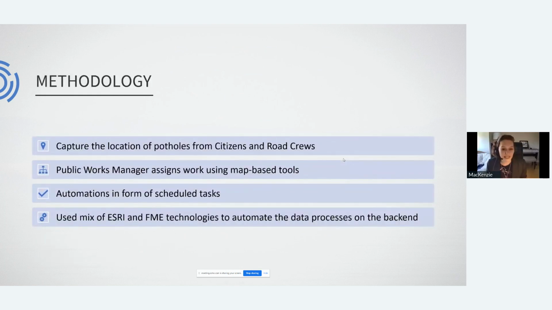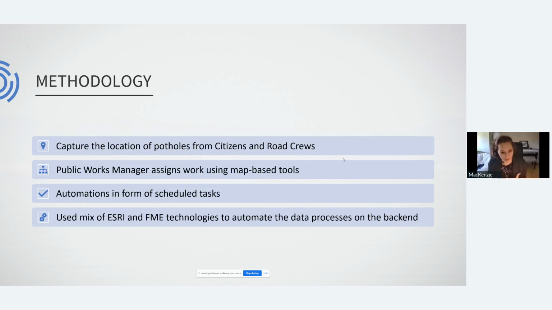So what they used is, they had to implement a way to capture the location of potholes from both the citizens and their own field crews working in the field, to give tools to the public works managers to assign work more efficiently.